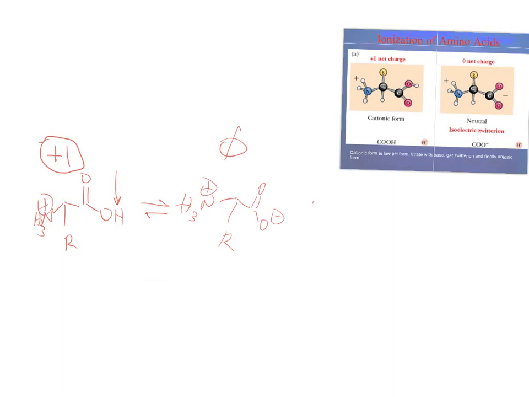And if you keep going to high enough pH, and this is reversible, it's called titration, you'll still have the negative charge on the carboxylate, but now the nitrogen has lost its extra hydrogen, so it's neutral. So overall, we now have a -1 charge.